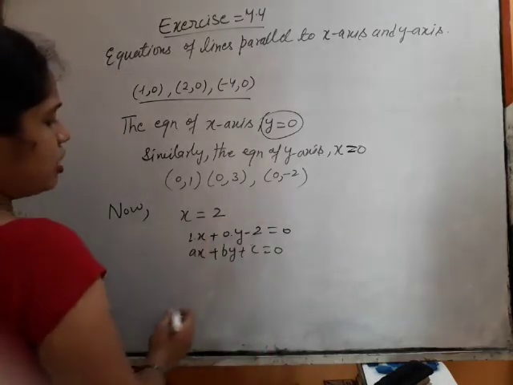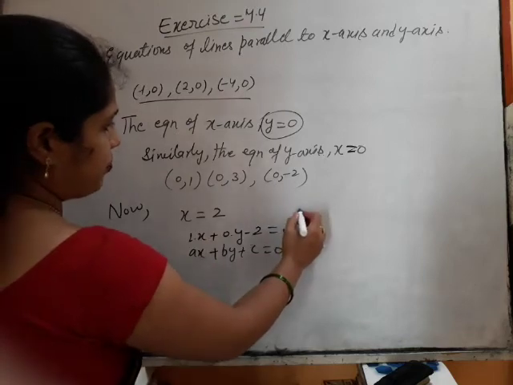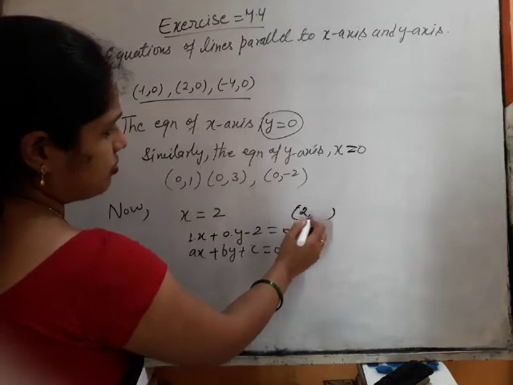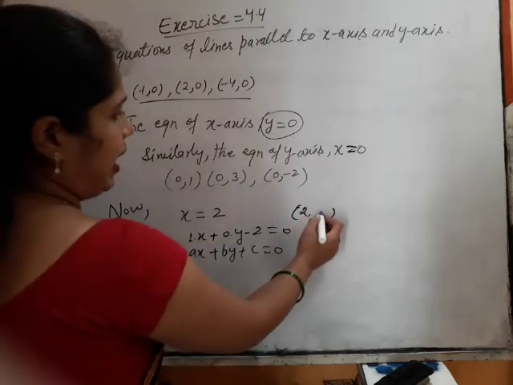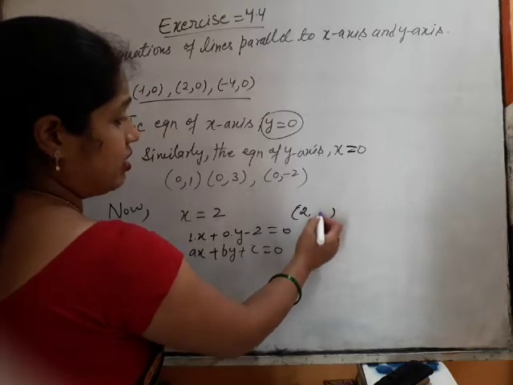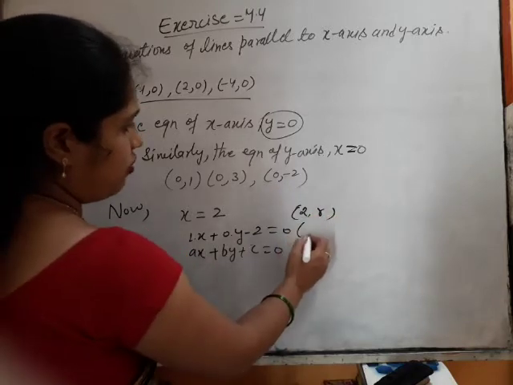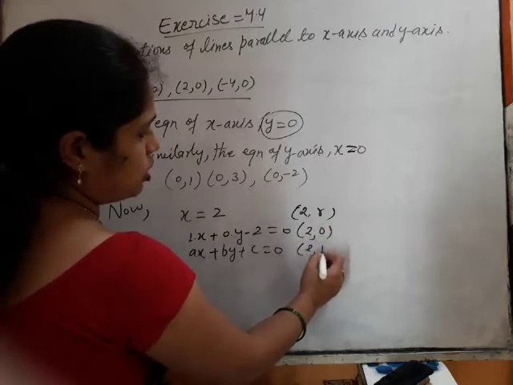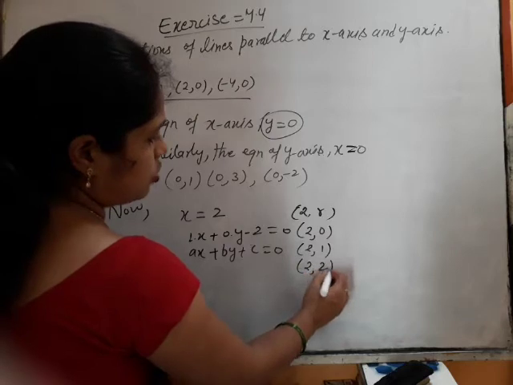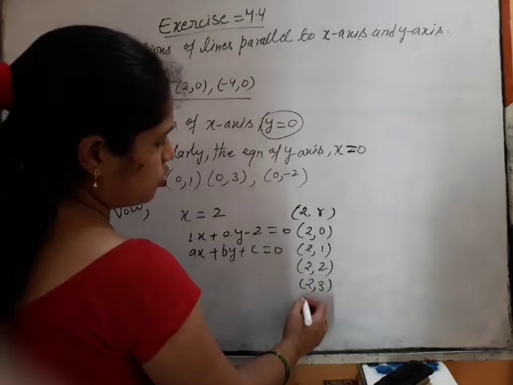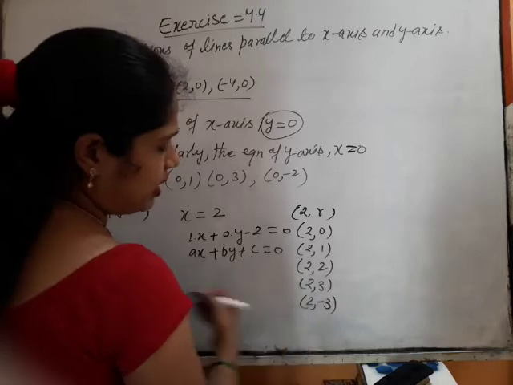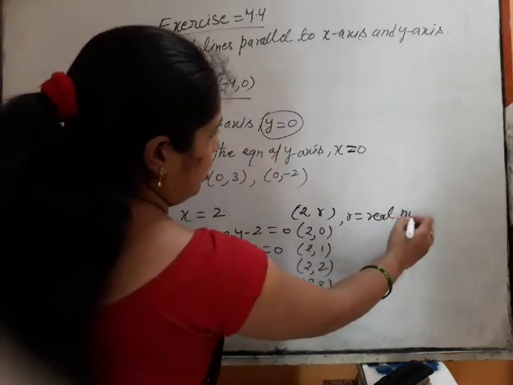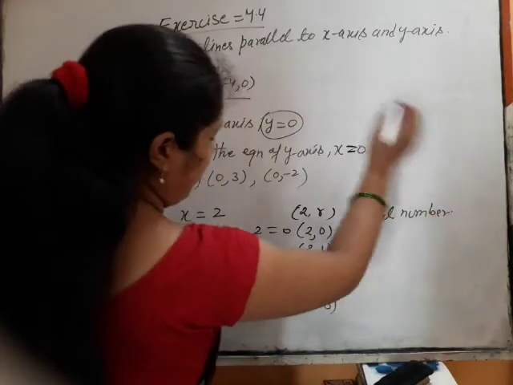So x equals 2 means the x value of the coordinates will always be 2, and the y value will change. Suppose y equals 0, 1, 2, 3, -3, and so on, where y is a real number.